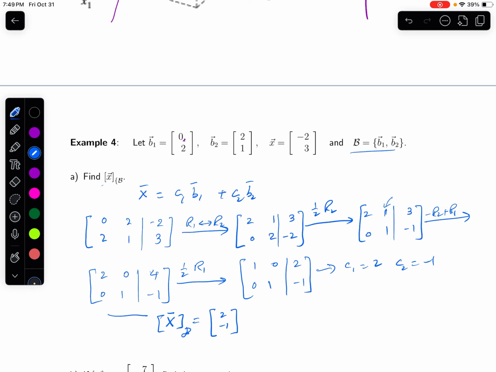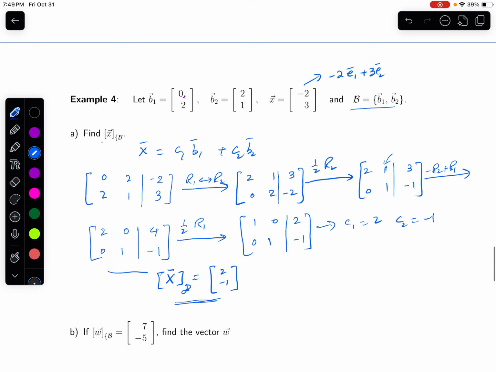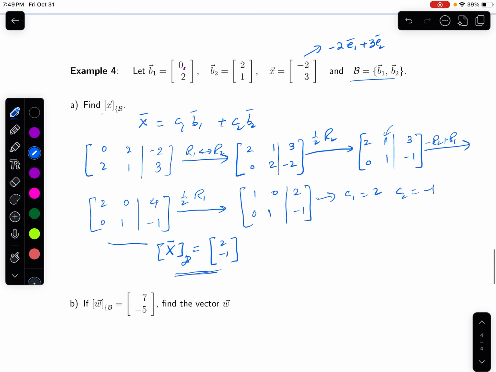So now you must have understood how to go from the standard basis. This is in the standard basis. This can be thought of as -2e1 plus 3e2, the standard basis in R2. And now we have it written in the basis B. But how to come back from basis B?